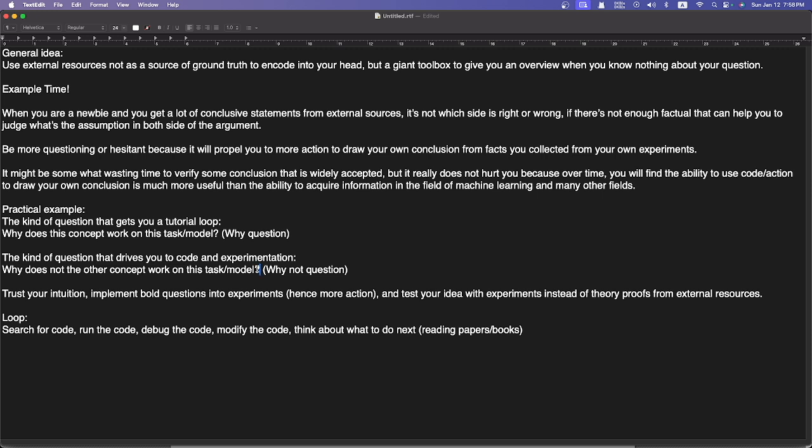After all of that, what I want to say is that someone who probably doesn't have enough knowledge to give themselves enough argumentative power should be trusting their intuition. You shouldn't be taking on too many assumptions, and by implementing bold questions into experiments, which is more coding, more action, the testing of your ideas will get faster and faster.